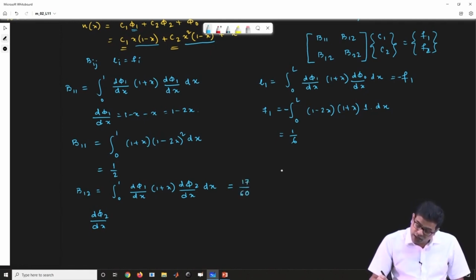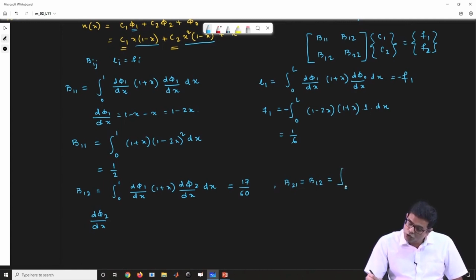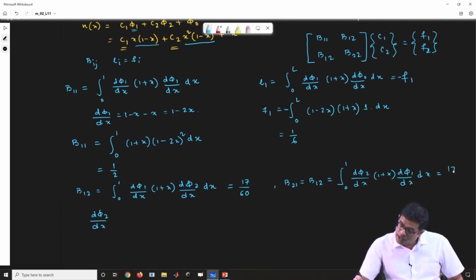Similarly b21 or b12, since the bilinear form is symmetric, we can find as the integral 0 to 1 of d phi 2 by dx into 1 plus x into d phi 1 by dx into dx, which equals 17 by 60.